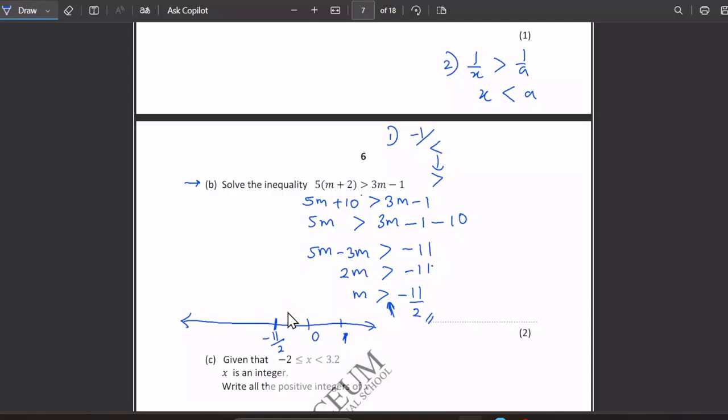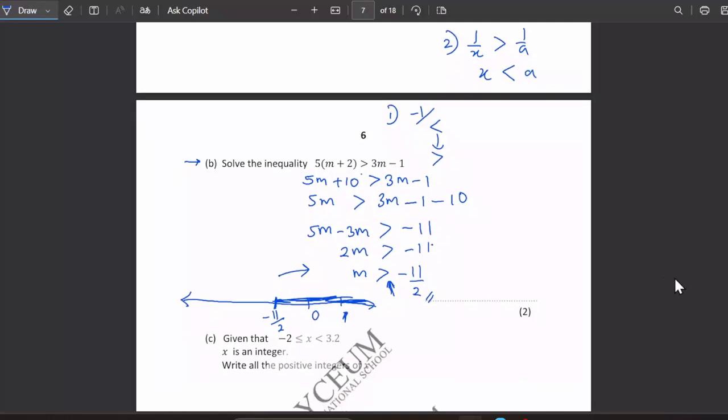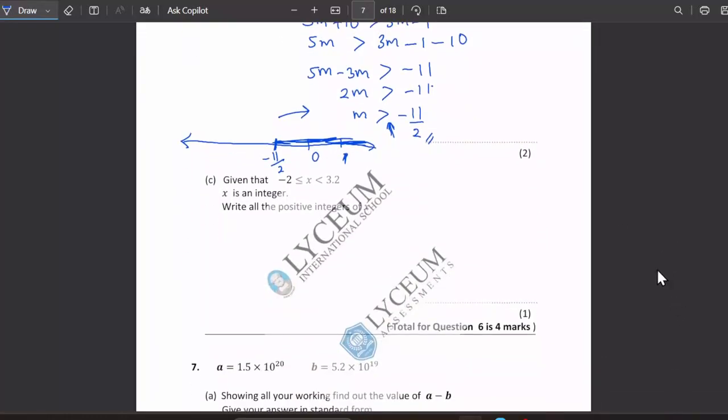Now you can see m is greater than minus 11 over 2. So we should color this side. Okay. These are the answers for m.